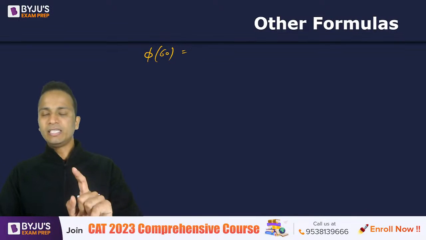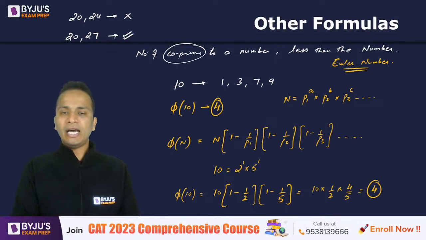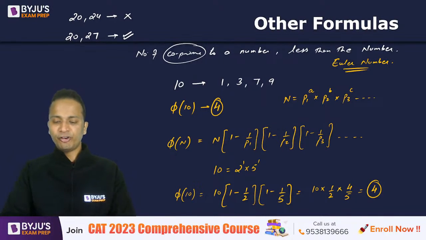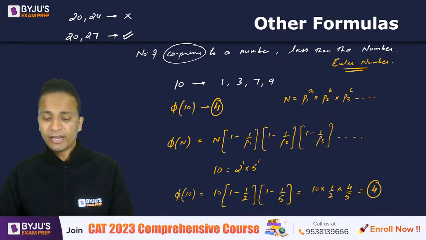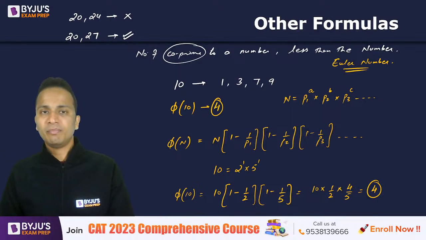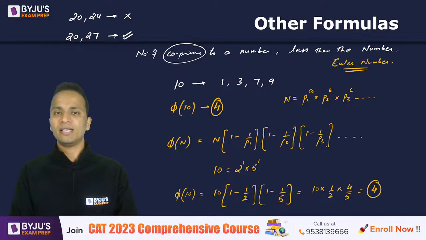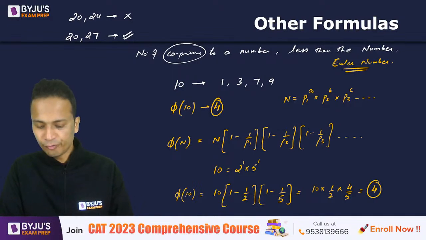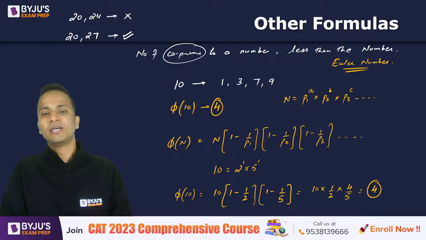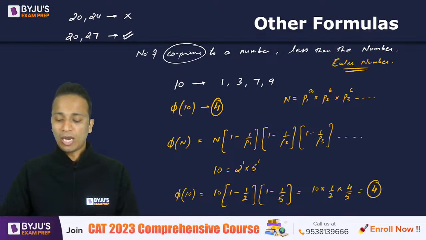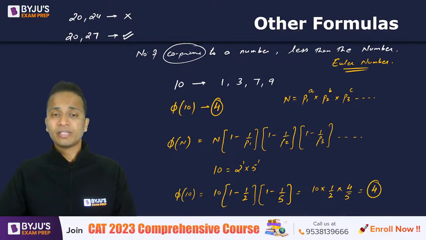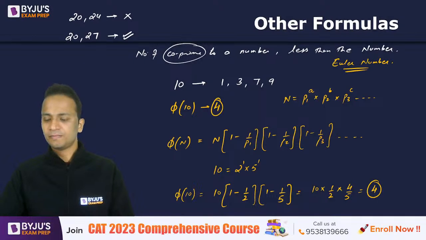Meanwhile, I'll take you to the previous page where you can have a look at the formula and the way of calculating the phi of any number, Euler number of any number, or basically the number of coprimes to a number that are less than the number. Let's see how many of you can quickly give me a correct answer. I need phi of 60, the number of coprimes to 60 that are less than 60.